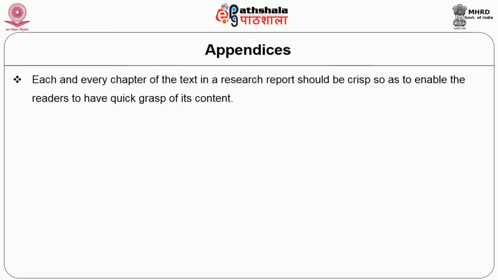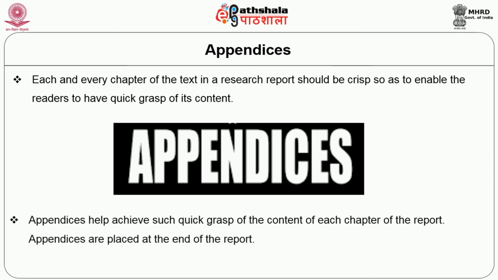Appendices. Each and every chapter of the text in a research report should be brief so as to enable readers to have quick reference to its content. Appendices help to achieve such quick reference to the content of each chapter of the report. Appendices are placed at the end of the report.